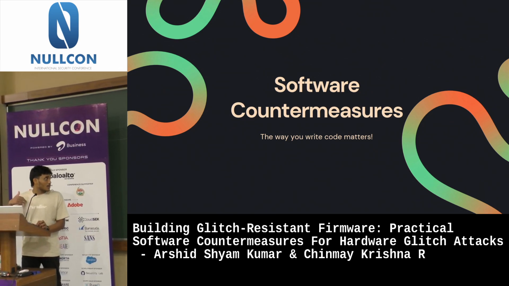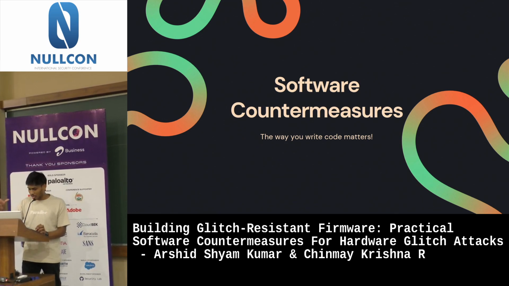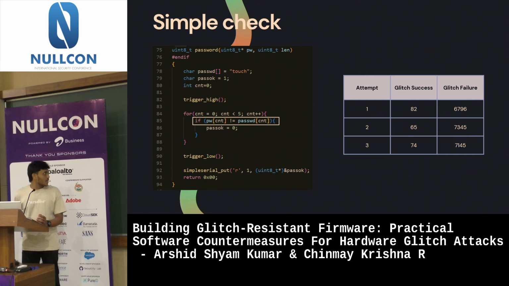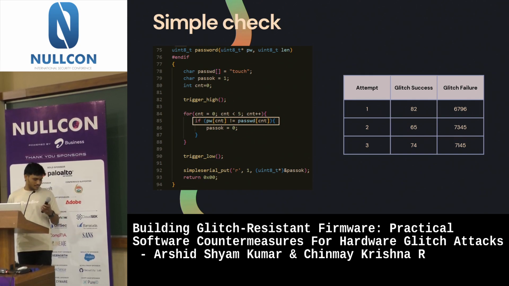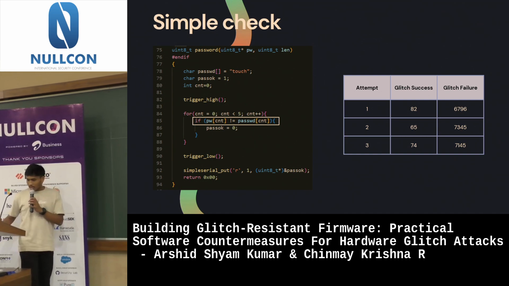Now, what software countermeasures mean is what changes I can make to that base code to make sure that the glitch affects the code in a lesser way. So just coming back to the simple password check.